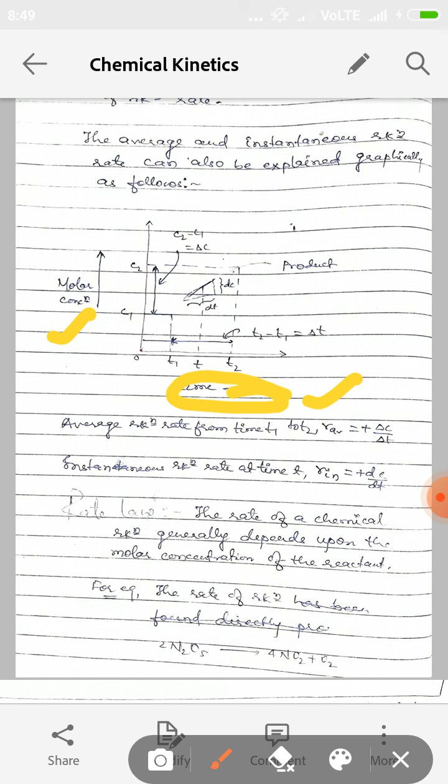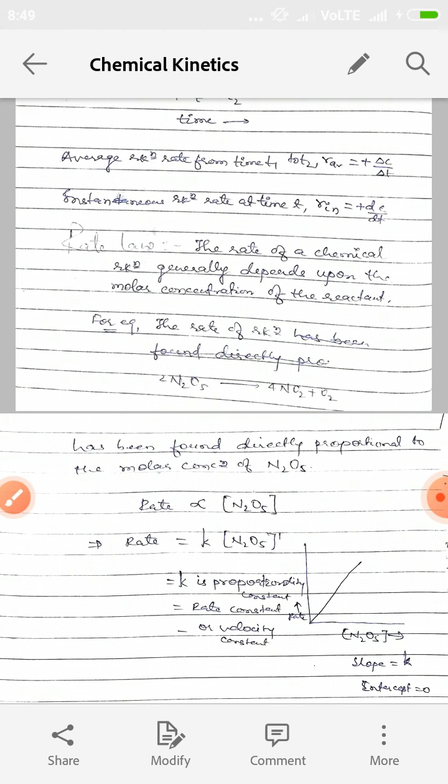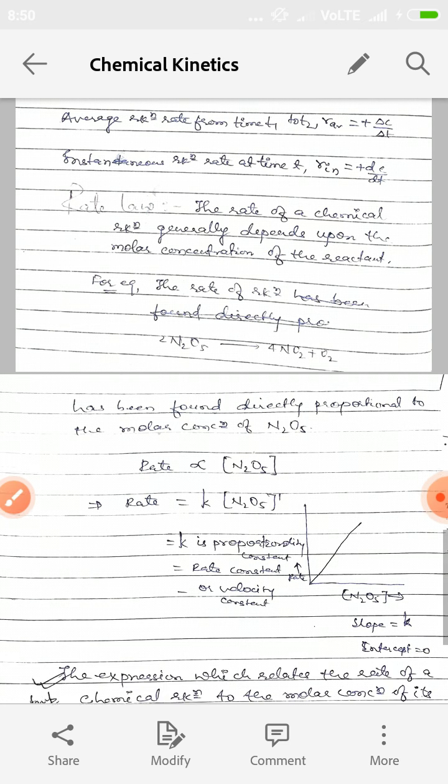Now a very important topic, we will discuss rate law. What is rate law? The rate of a chemical reaction depends upon the molar concentration of the reactant. For example, the reaction N2O5 gives 4NO2 plus O2 has been found to be directly proportional to the molar concentration of N2O5.